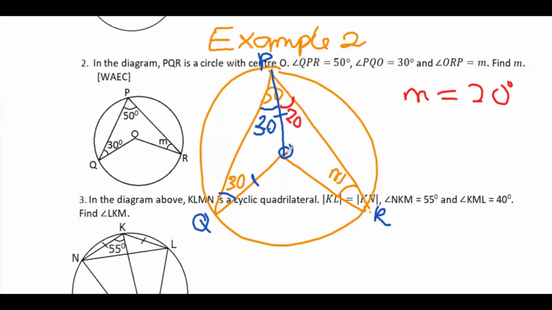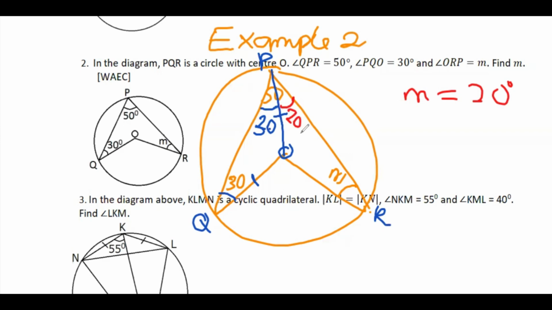You say, therefore, angle OPR equals the entire angle QPR minus this one, which is OPQ. Then you get 20. Once you get 20, you now say, therefore, M equals OPR. This 20, M equals this R. Then in reason, you put in bracket, base angles of isosceles triangle.